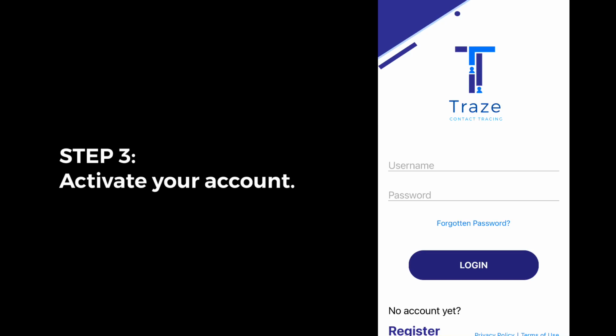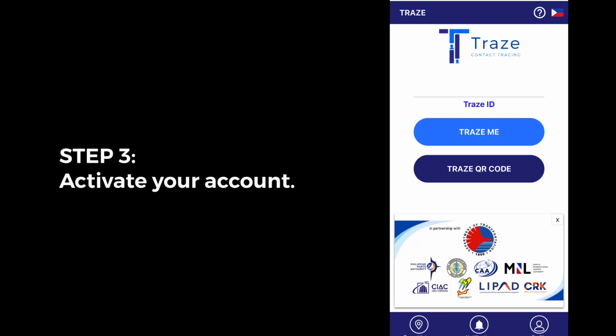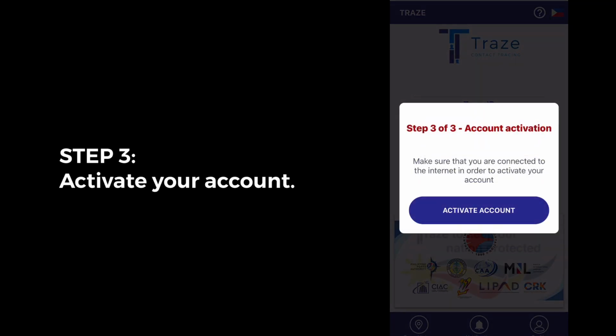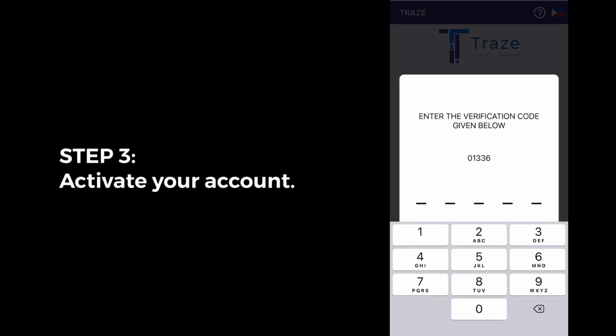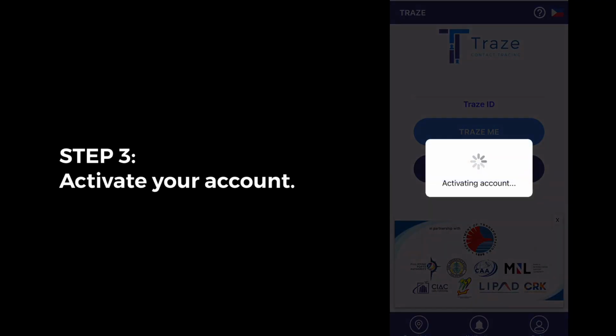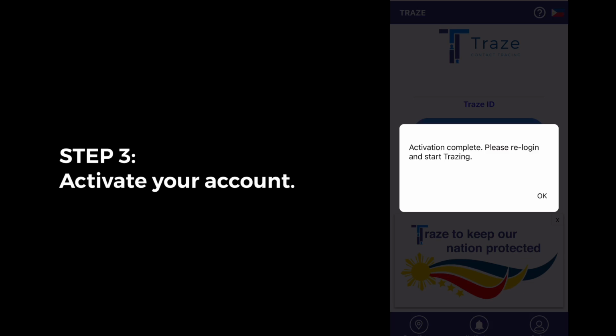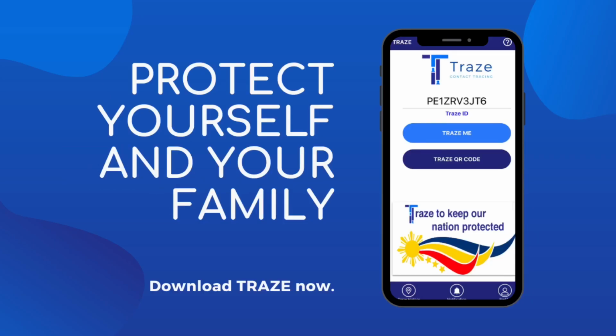So, mag-login lang kayo sa account nyo, and then kapag naka-login na kayo, itap nyo lang yung Traze Me. So, step 3, ito yung account activation. So, tap nyo lang yung activate account at i-enter nyo yung verification code na nakalagay dyan. So, pagka-enter nyo, ma-activate na yung account nyo. So, be sure lang na meron kayong internet para ma-activate yung account.